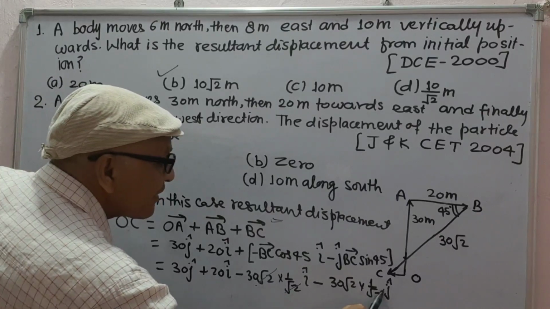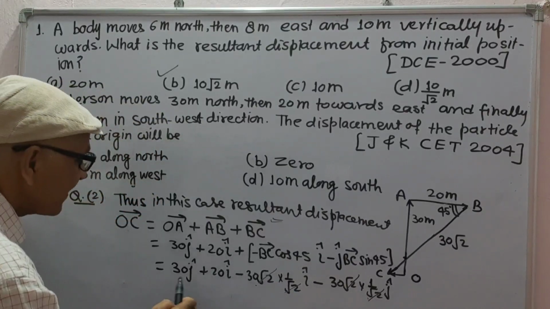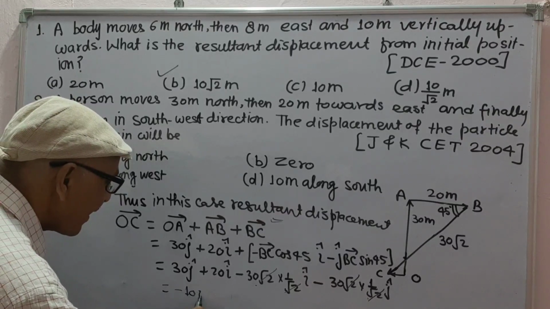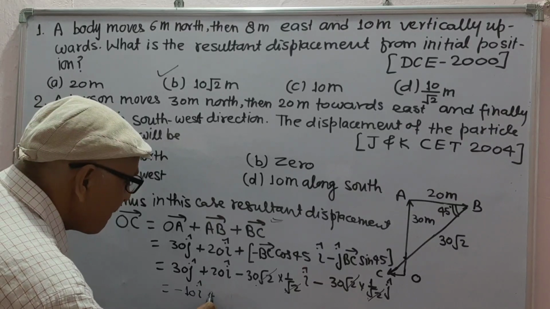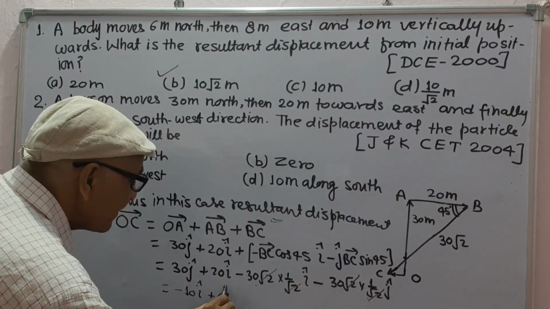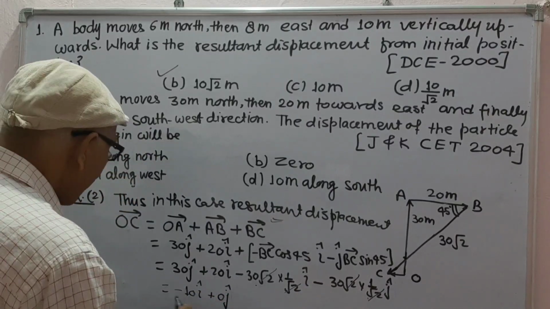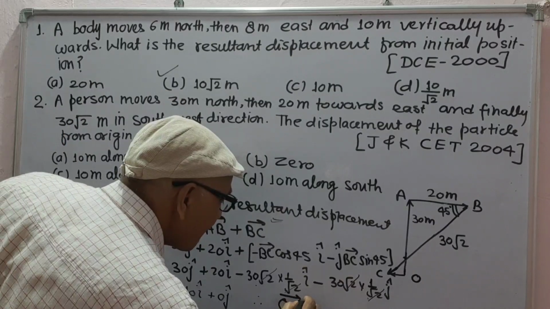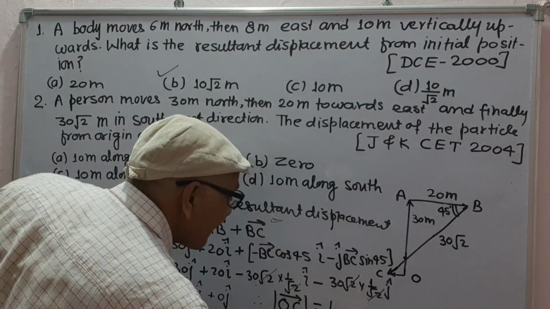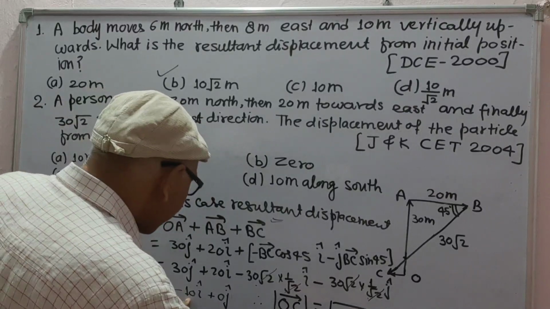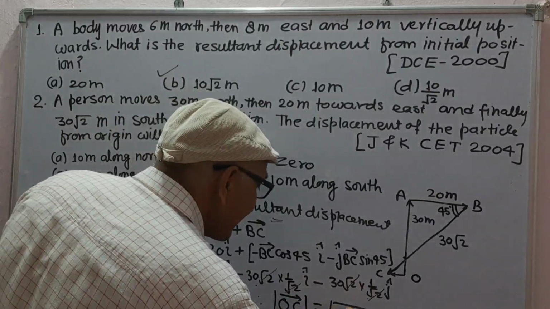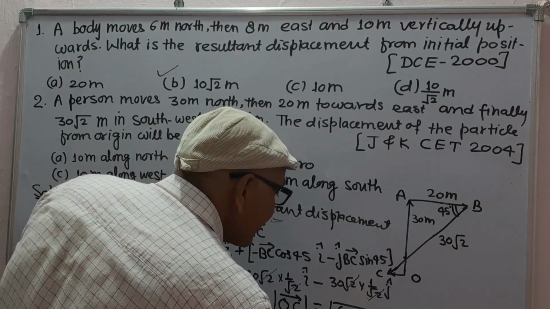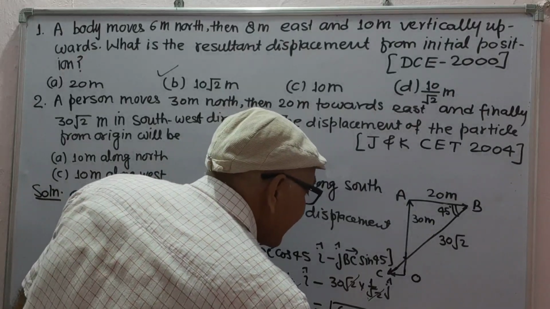√2 cancels out in both cases, so we get minus 10 i unit vector plus 0 j unit vector, and therefore OC vector will have magnitude under root minus 10 square plus 0 square, that is 10.